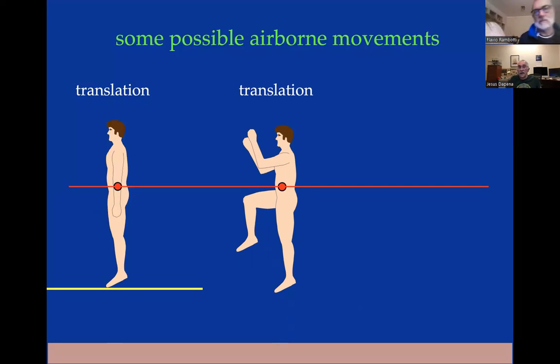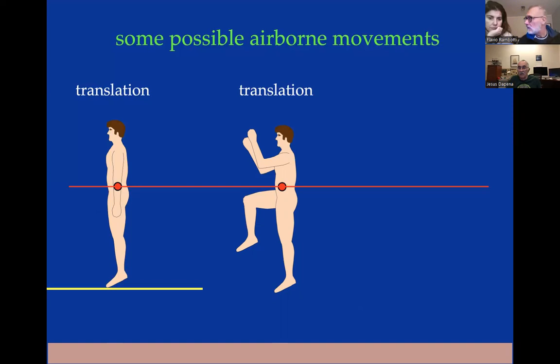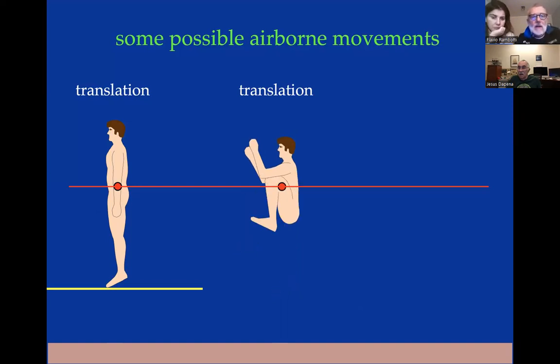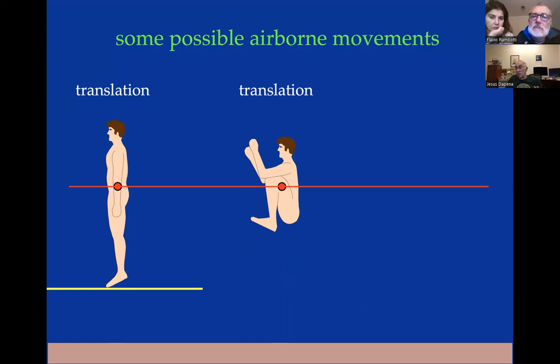That'll be the head, the arms, and the trunk. Compensational translations, right? Okay, if he were trying to do a high jump, now he could clear, with the same height of the center of mass, a higher bar. So the center of mass goes to the same height, but now you can clear a higher bar.